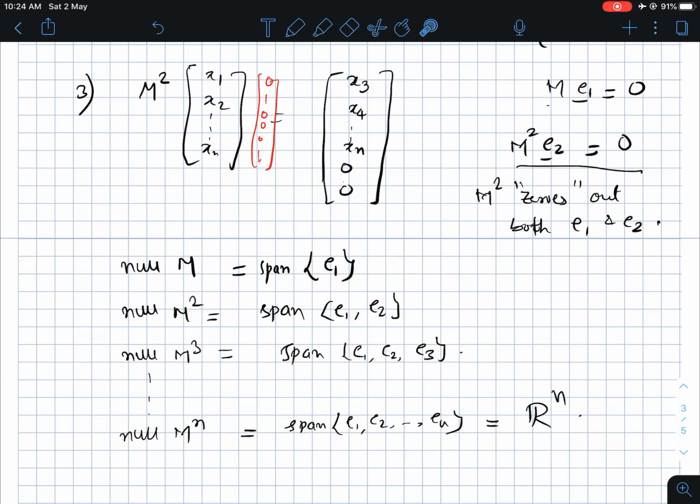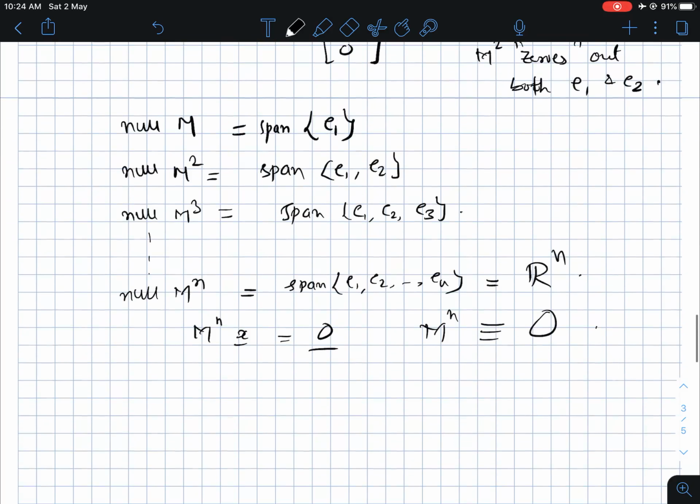So the null space of m to the n is Rn. What that means is basically m to the n multiplied with any vector will give you 0. Doesn't matter what the vector x is. In other words, m to the n itself is going to be the 0 matrix. M to the n is just going to be the all 0 matrix.